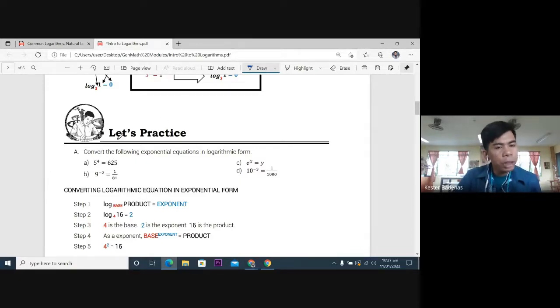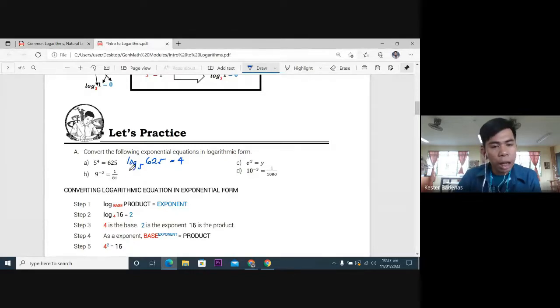For 5 raised to 4 is equal to 625, it will become logarithm of 625 with the base 5 is equal to 4.